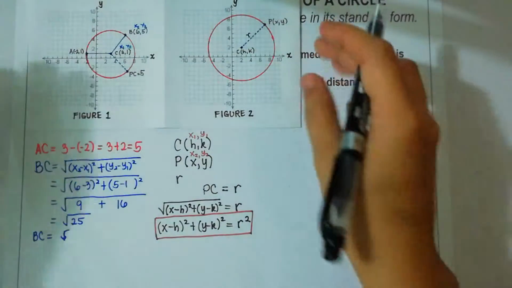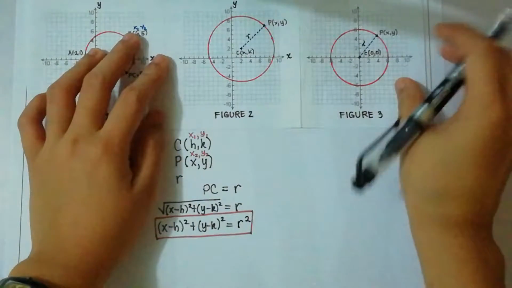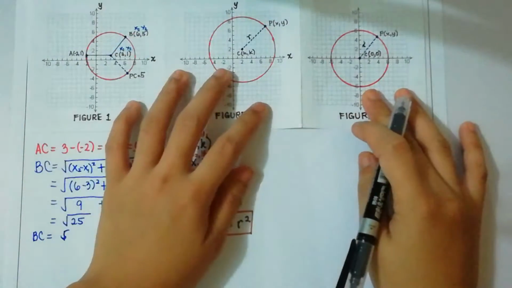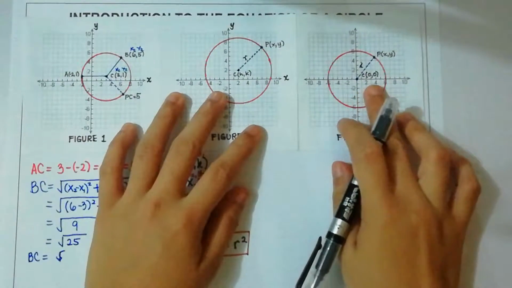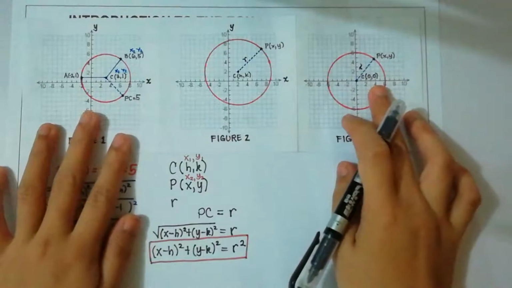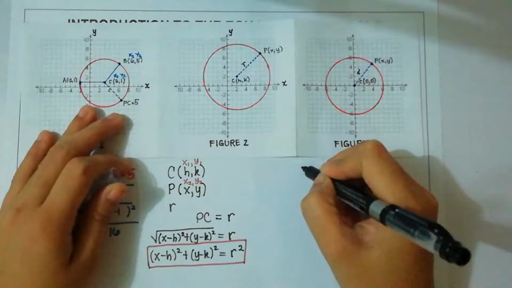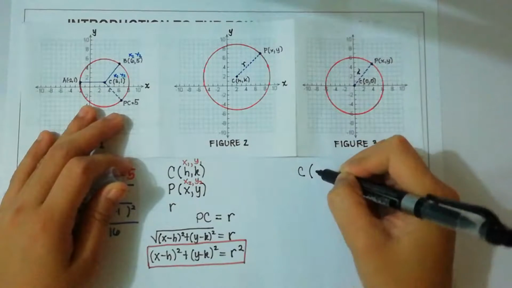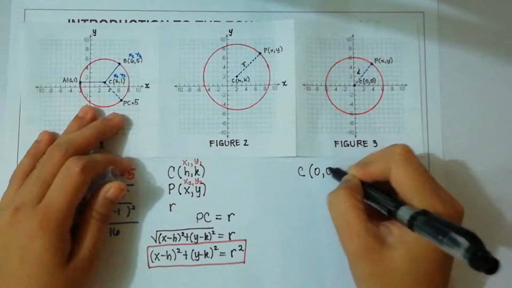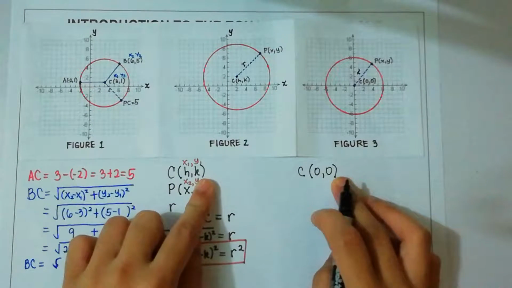However, if in this figure the center is located at the origin, our center is at 0, 0. The value of h is 0 and the value of k is 0.